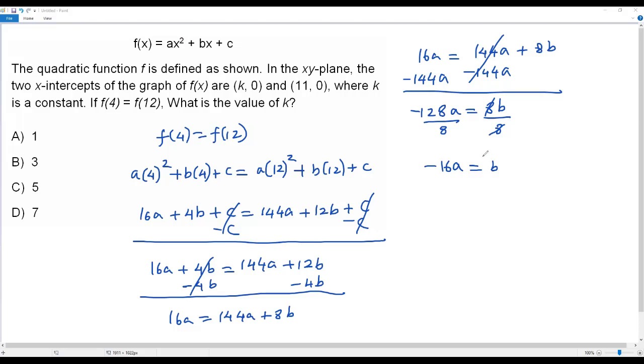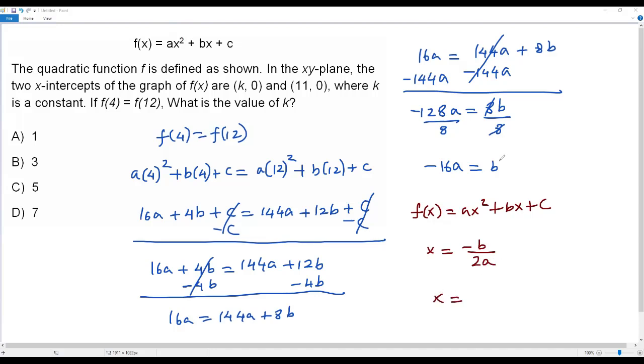that is b equals negative 16 times a. Okay, now let's consider the given quadratic function over here, that is f of x equals ax squared plus bx plus c. Whenever we have a quadratic function like this, there is a formula to find the x-coordinate of the vertex. The formula to find the x-coordinate of the vertex is negative b over 2a.